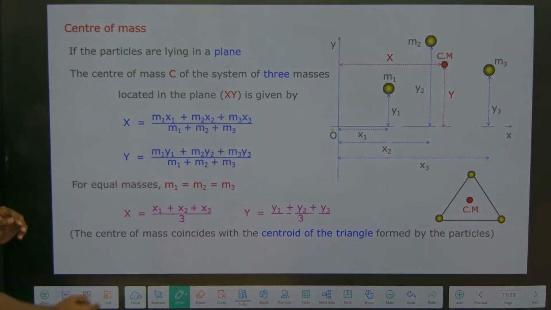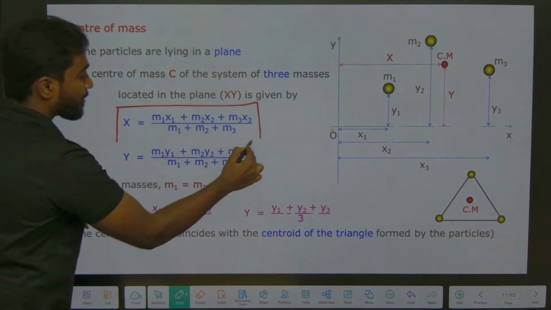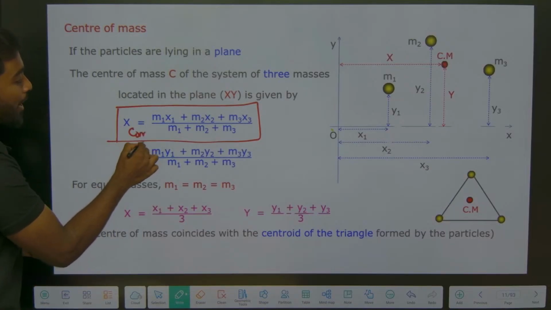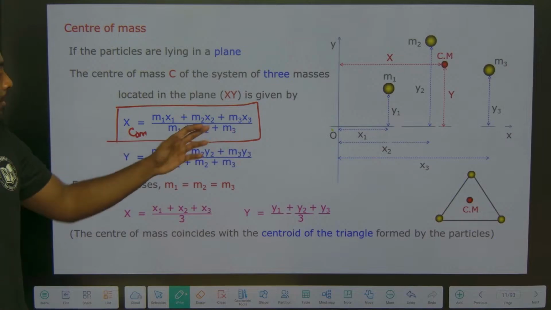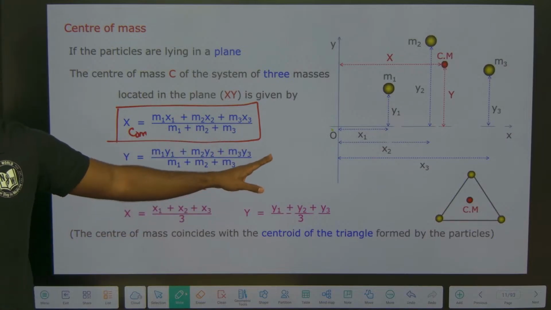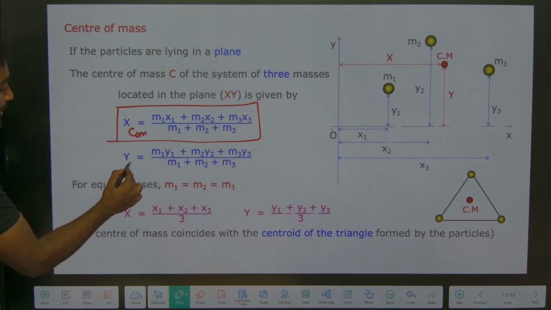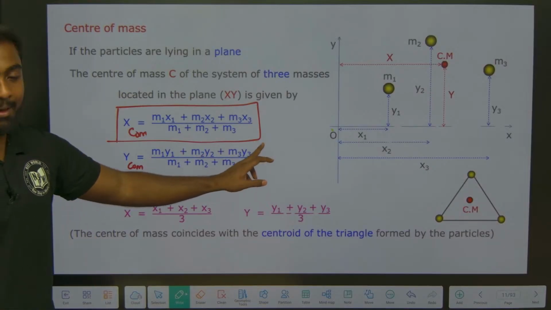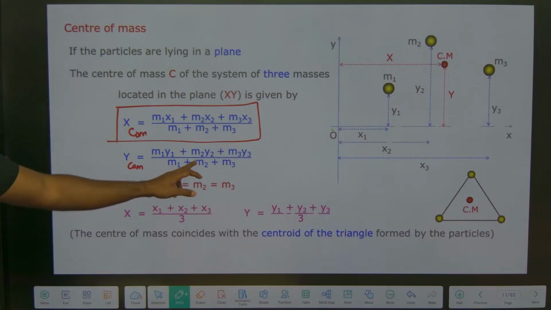The same formula applies. For the x axis it is m1 x1 plus m2 x2 plus m3 x3 by m1 plus m2 plus m3. For y center of mass it is m1 y1 plus m2 y2 plus m3 y3 by m1 plus m2 plus m3.